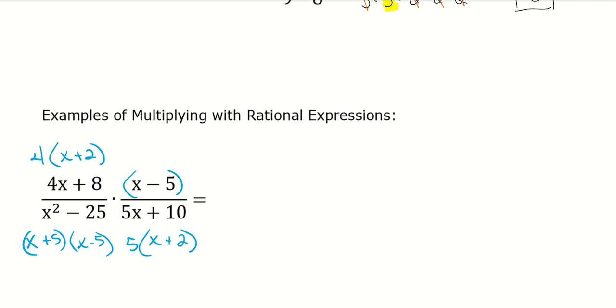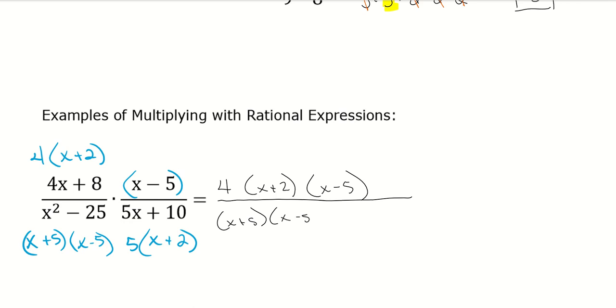If I go through and stack all these together on my nice pretty little fraction bar, I have a 4 and x plus 2 and an x minus 5. On the bottom I've got x plus 5, x minus 5, a 5, and an x plus 2. So here I'm going to look at these and say, do I have anything in common between the top and the bottom?